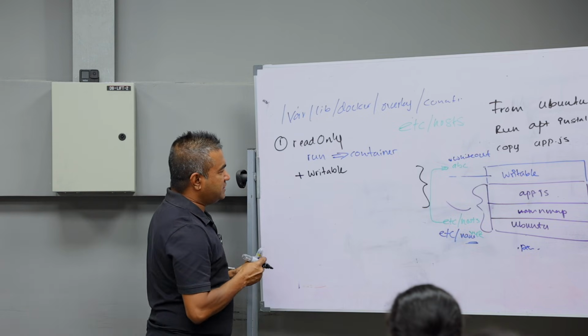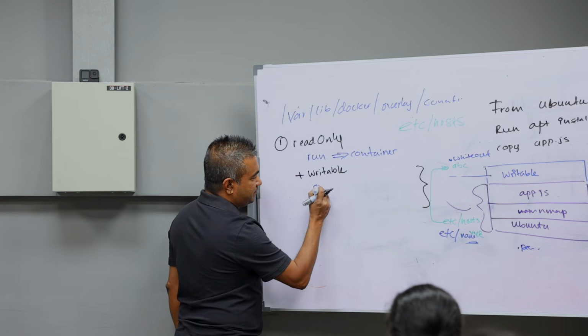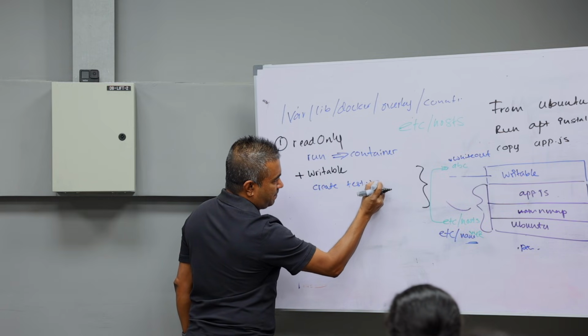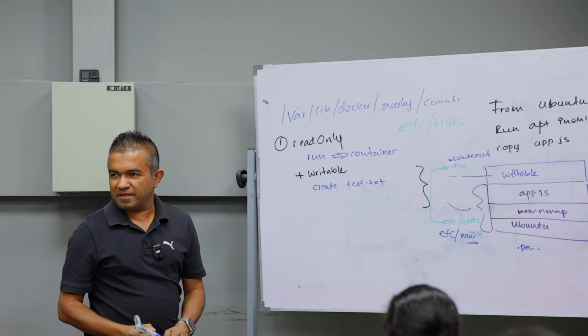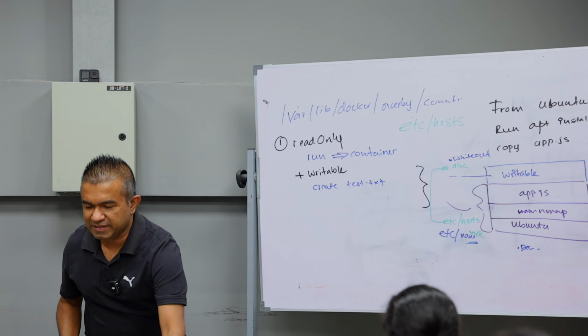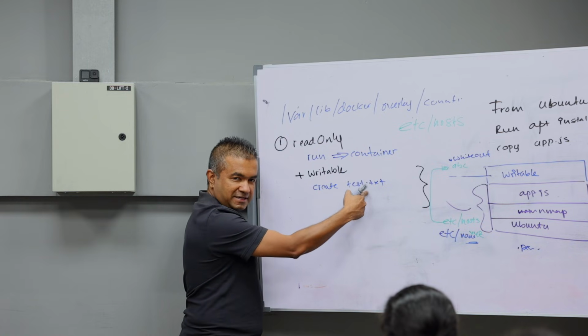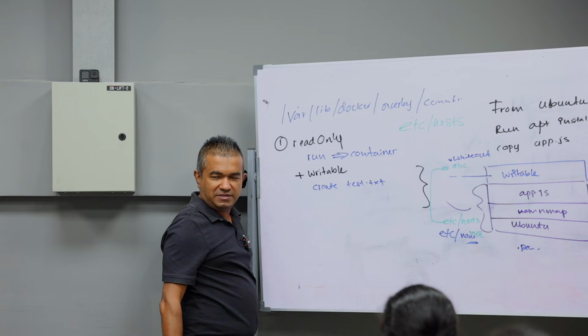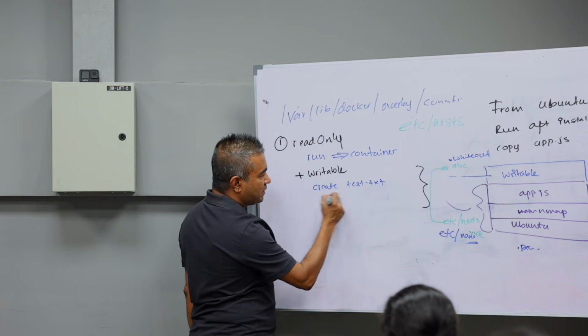Now what you do is you create a file, test.txt, right? So when test.txt is created, where is it created? On the upper directory, or else the write layer, right?